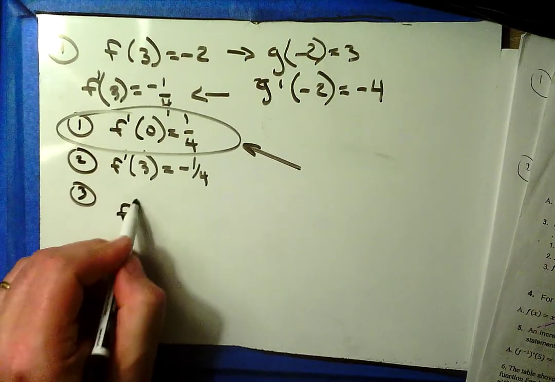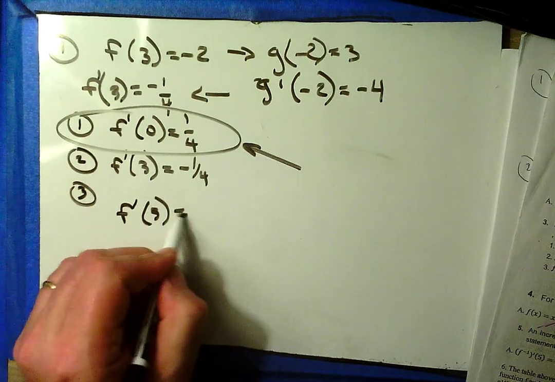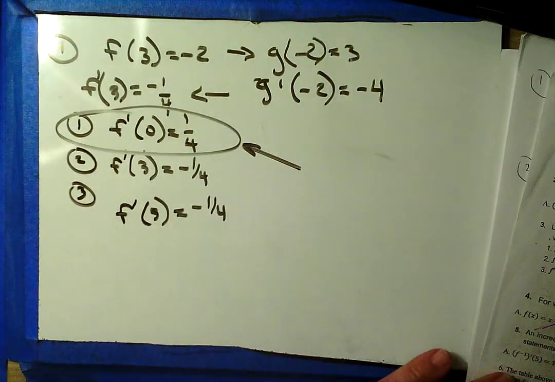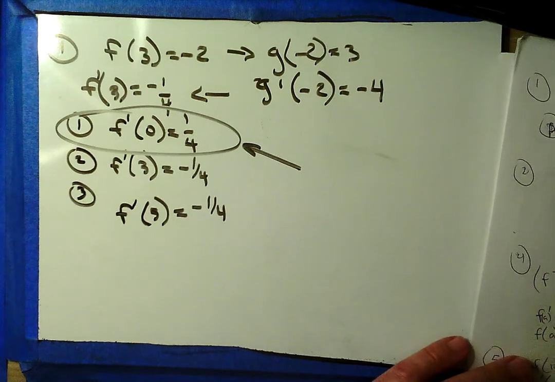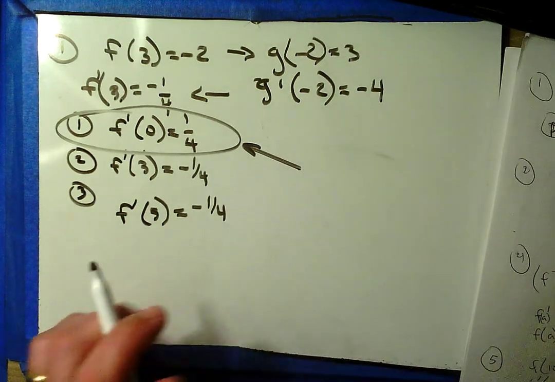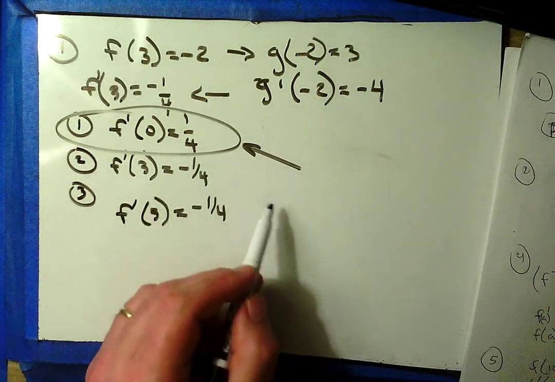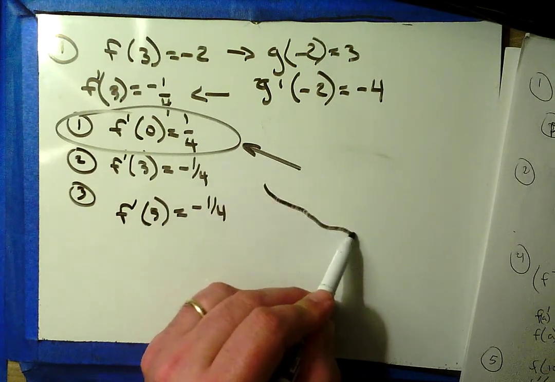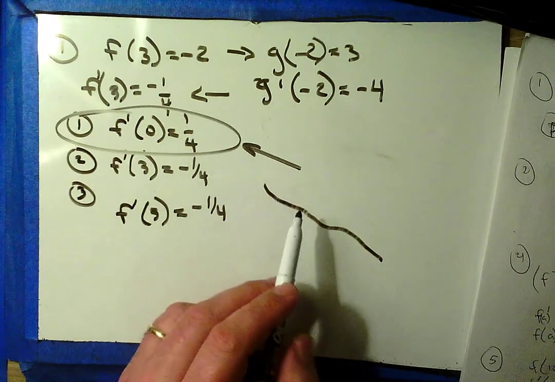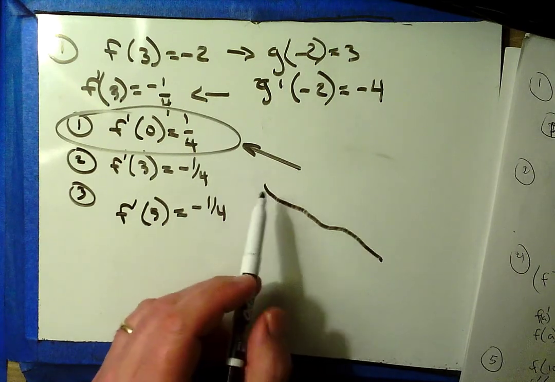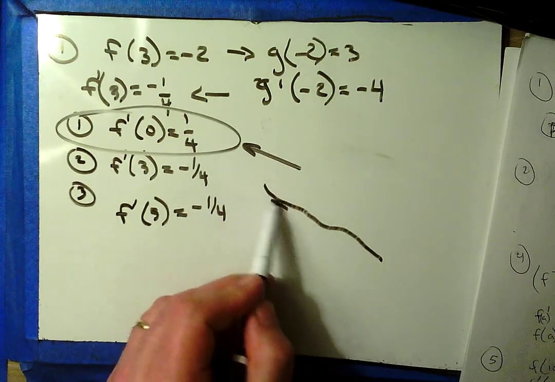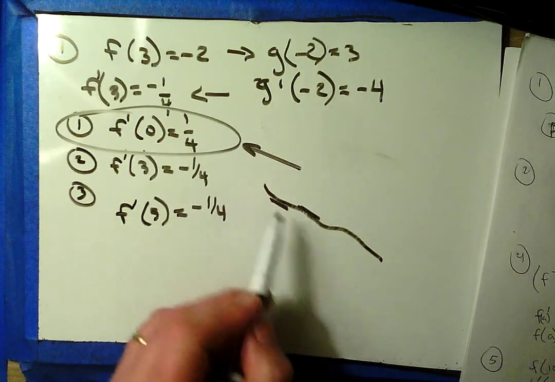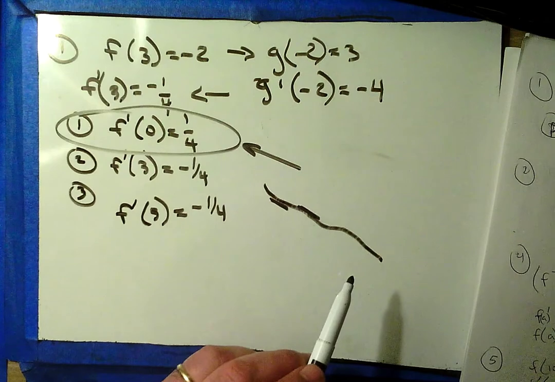And f prime of 5 can equal -1/4. Well, it's true that f prime of 5 can equal negative 1/4. We could have a negative slope, a negative slope, a negative slope on our f function, and the slope here and the slope over here can both be negative without me going positive in between.